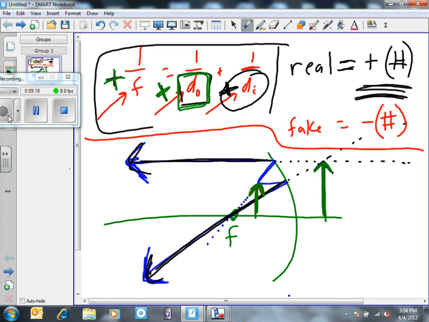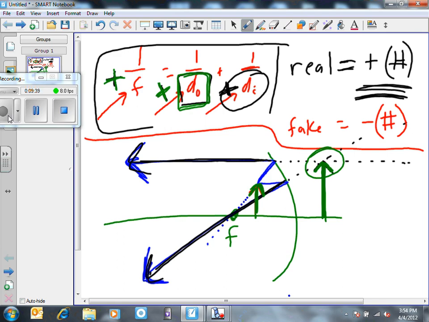This is not a real image because it is not inverted. So real image is always inverted. This one is not. And also you can tell if you have to do the back tracing, there's no real convergence of the energy, so there's no real image. You cannot see this on a screen. You cannot project a fake image on a screen.